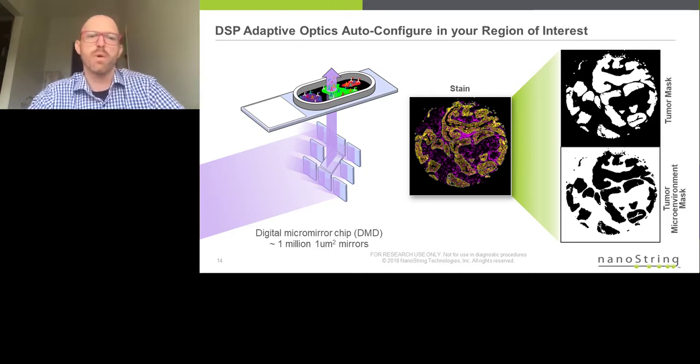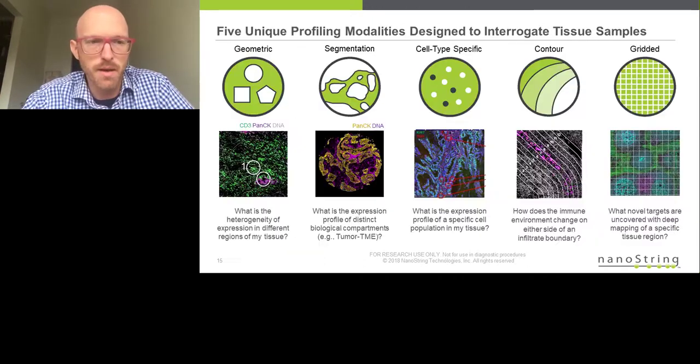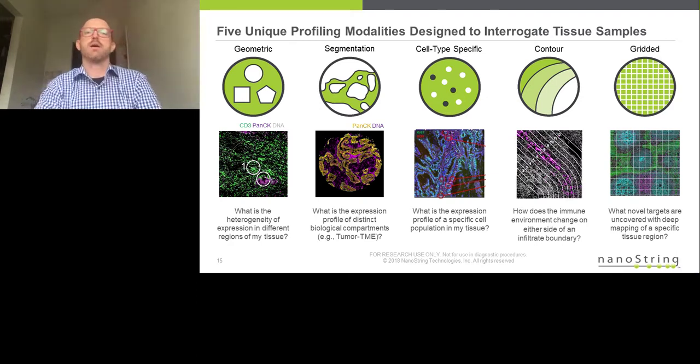So we've been running projects for quite some time, and over the years, we've developed different profiling strategies. Obviously the simplest approach would be geometric. Many people like to do this because it allows them to just place circles or squares or polygons over regions that have some morphologically distinct aspect to them.